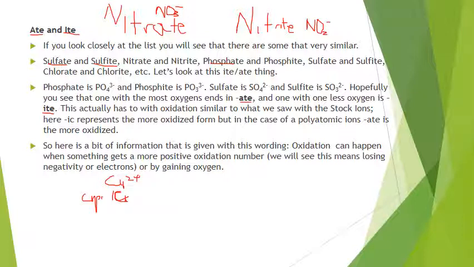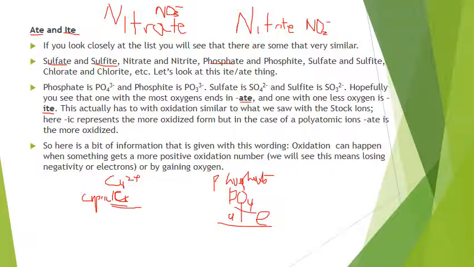The ates, like phosphate, PO4, are ates. So most oxidized states will sometimes end in ic and sometimes in ate.